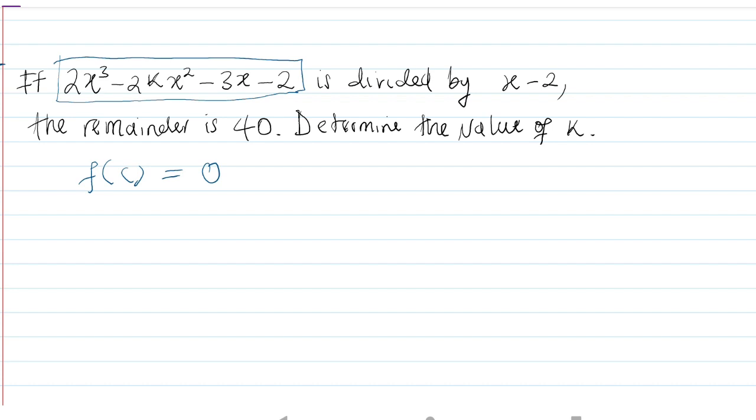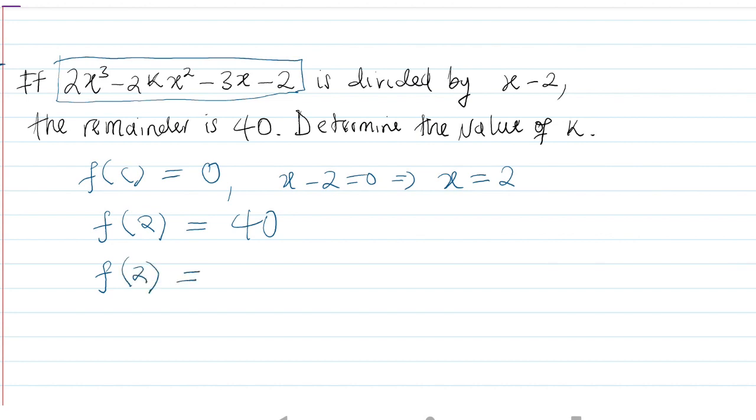So we are saying x minus 2 is equal to 0, which implies x is equal to 2. So 2 is our c. So the question says if this polynomial f is evaluated at 2, the remainder is 40. Okay, now what is the value of k? So I will go ahead and evaluate our f at 2. So this is 2.